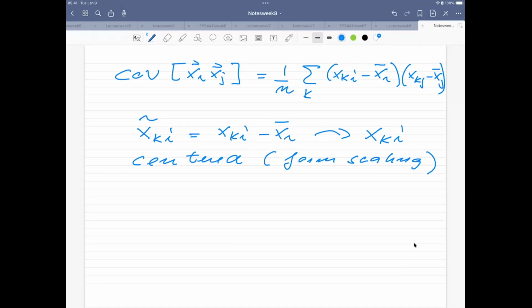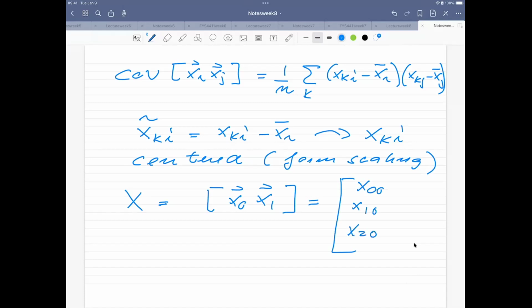So if you now take two vectors, let me give you an example. Suppose this matrix X is given by x0 and x1, and that this is equal to a matrix with 3 elements in each column. So we have x10, x20, x01, x11, and x21. So this could be our input data.